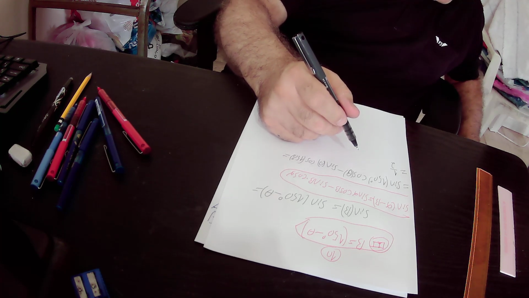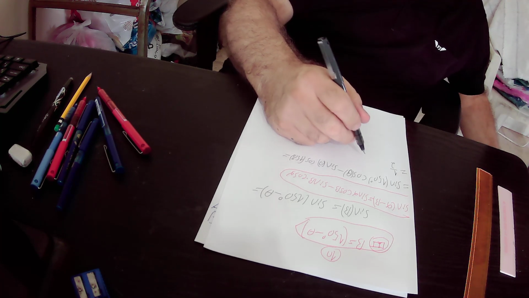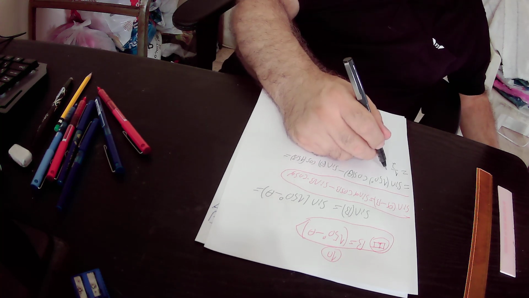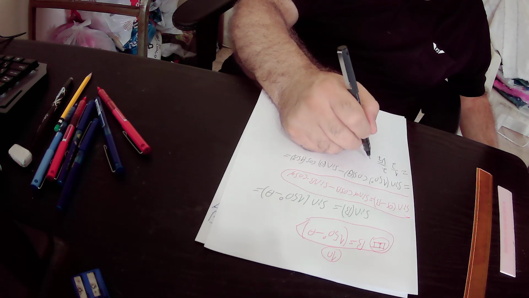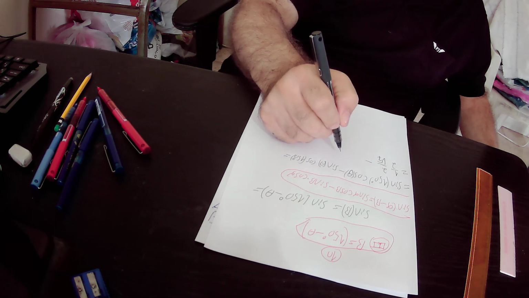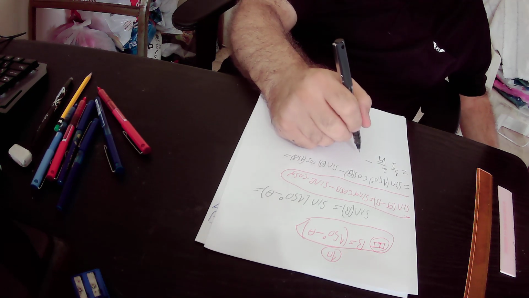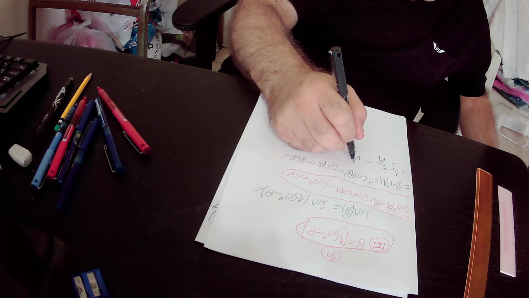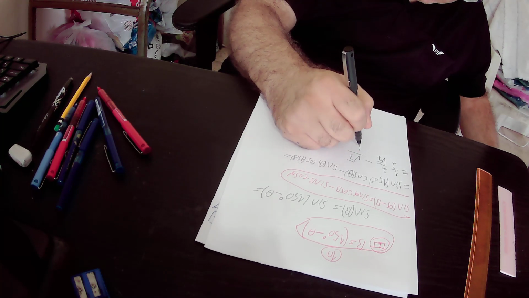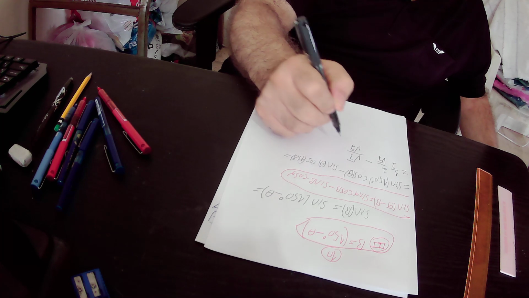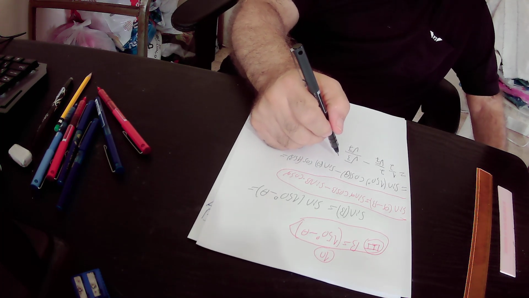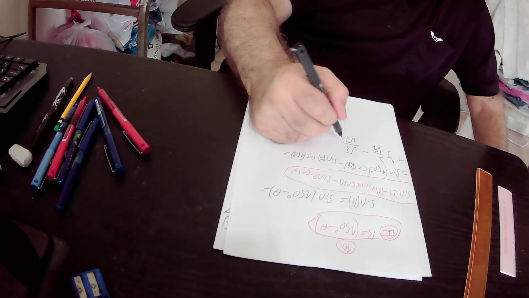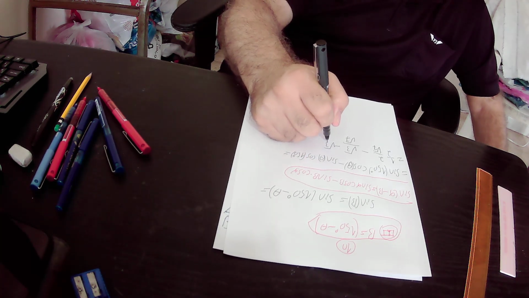We have already found out that the value of cosinus theta is 2 over root 7, minus sinus theta. We have already found out that the value of sinus theta is root 3 over root 7, times cosinus 150 degrees. The value of cosinus 150 degrees is minus root 3 over 2.